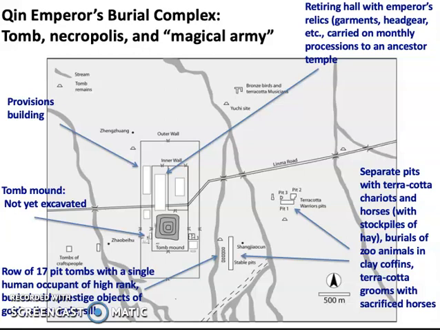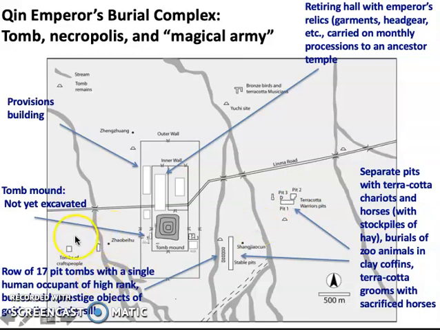And that mercury was used in the rivers to make it seem, these kind of Disneyland-esque rivers, like water was flowing. So then he had outside his tomb the terracotta warrior pits where the armies are standing in formation at the ready to attack or defend.